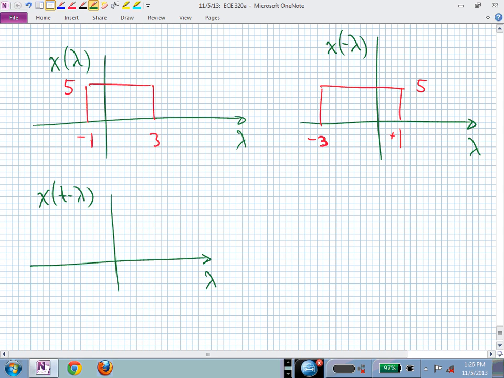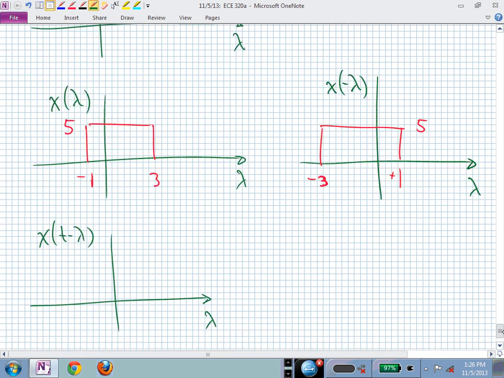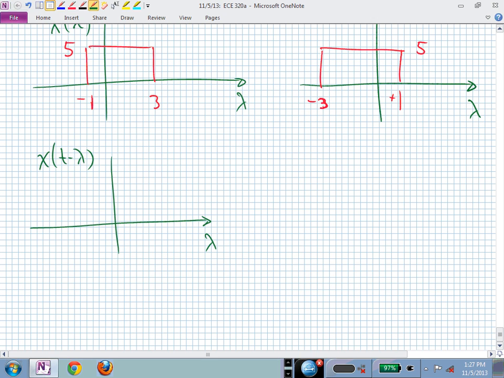If I let t be really, really negative, where would that red pulse of x of minus lambda be positioned? Where would it be located? If t is really negative in x of t minus lambda, it's going to be quite a ways to the left, isn't it? So let me push it far enough to the left to get it out of the way of h of lambda. So I'm going to move it over here.